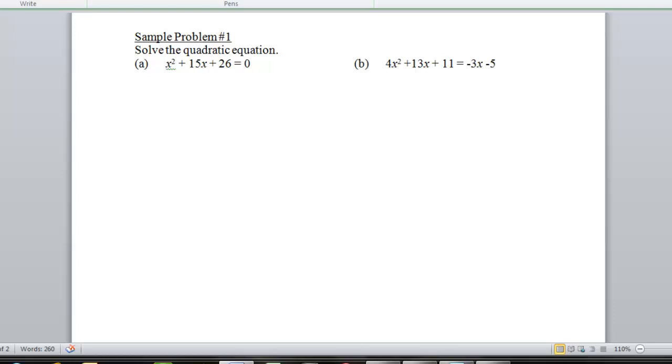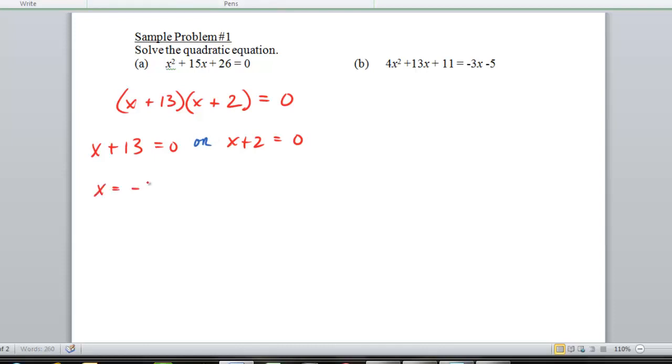Alright, for the first one, we can start right off and factor this. We have x, and 26 will break up into 13 and 2. Since we have equal to 0, we need to make sure we carry that equal to 0. The equal sign should stay a part of our entire problem. Now I'm going to break these up using the zero product property. It would be appropriate to say the word or, because it's going to be either answer.